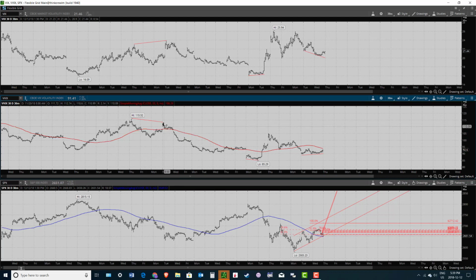Over here we came below the red moving average on VVIX. We were still below the blue moving average on SPX, so we had to wait a little bit. But you can see basically the selling stopped and we started finding support. Now once we came above the blue moving average on SPX, that was a confirmed signal after we had the divergence on VIX and VVIX.